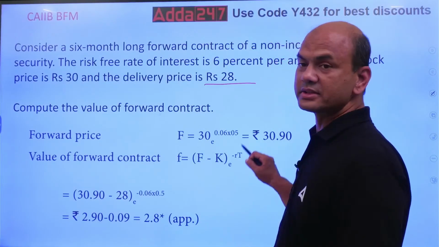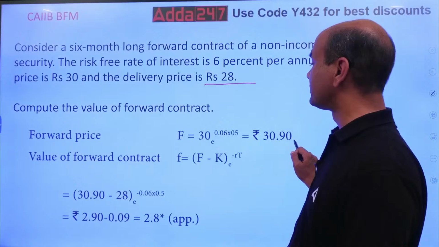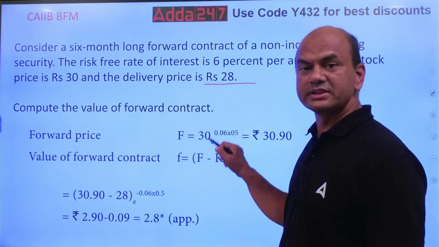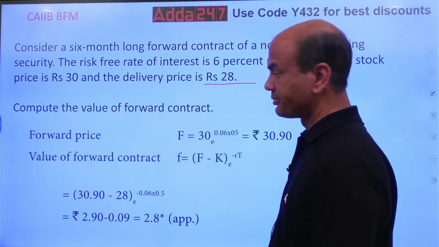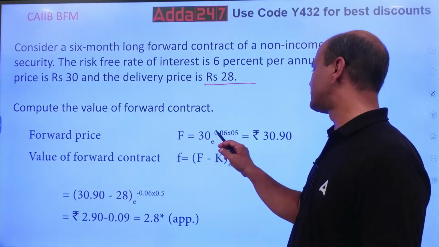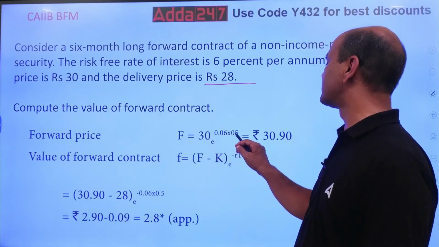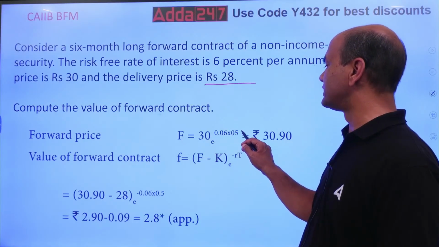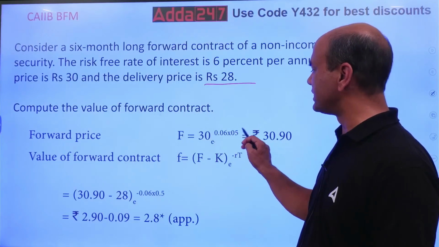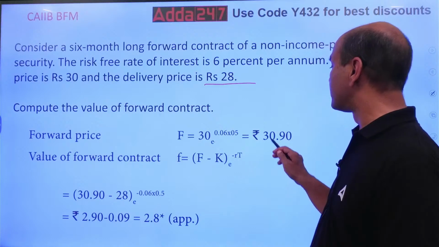How did you get this answer? 30.90. See, e raised to 0.06 into 0.05. Now this calculation you will have to do. If you do the calculation, it is 30 into e raised to 0.06 into 0.5, it's simply 0.5. So 30.90.